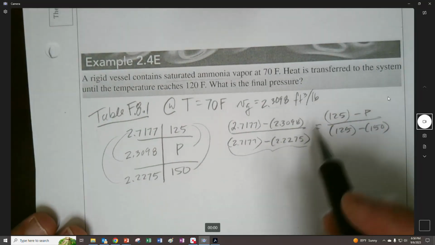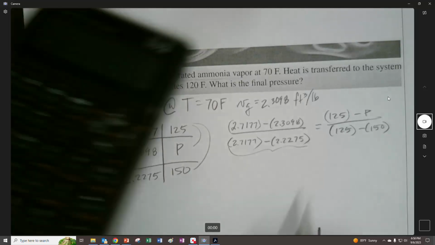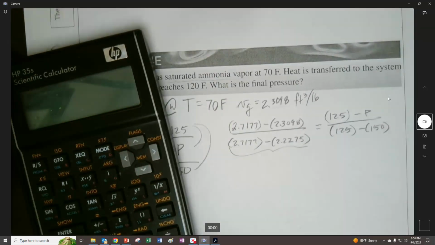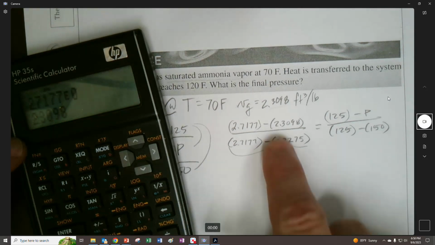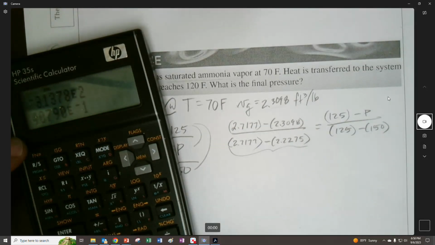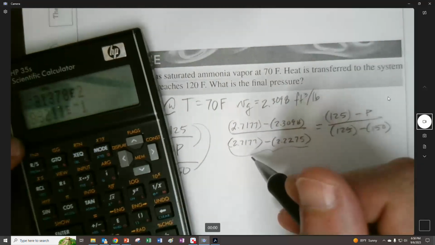Let me put it down here then. 2.7177, 2.3098. You get enough sig figs in there? Okay. And then 2.7177 and 2.2275.